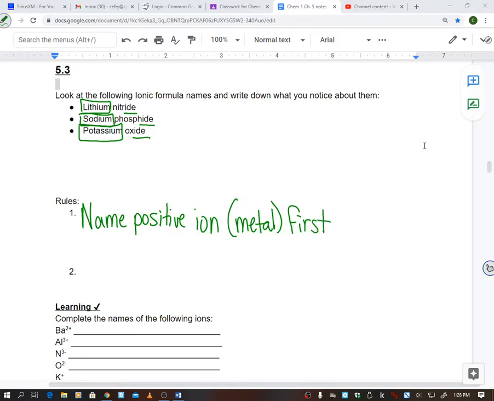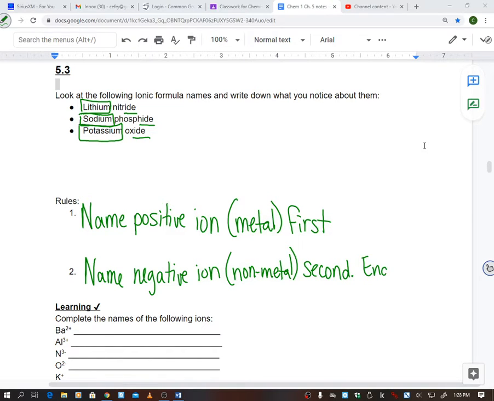If you notice up above, lithium, sodium, and potassium are all on the left side of that stair step on your periodic table. They are metals. So rule number 2 is you're going to name the negative ion, which is your non-metal, second.